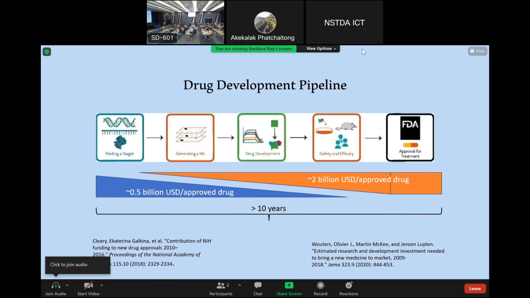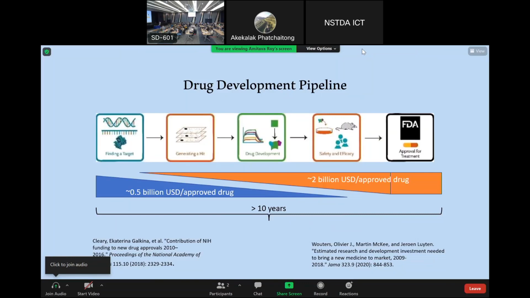And then once you have identified what we call a lead, then you try animal model and finally a clinical trial. Now, usually it takes on average more than 10 years to run through the whole process. And the initial part is mainly done by the academic, and the later part is mainly done by the pharmaceutical industry. And on average, you have more than $2 billion to develop a drug.